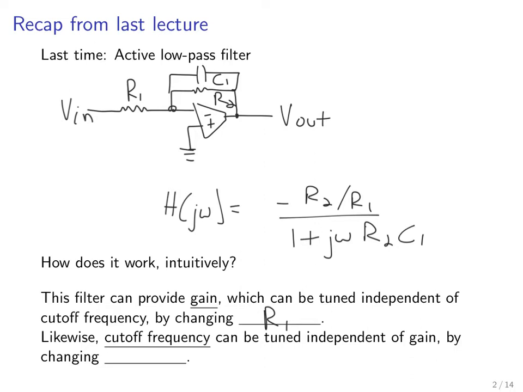Likewise, we can also adjust the cutoff frequency independently of the gain by changing the capacitance, since the capacitance only appears where it multiplies into the frequency omega. And similarly, we can independently change the gain and the cutoff frequency of the other active filters we'll talk about next.